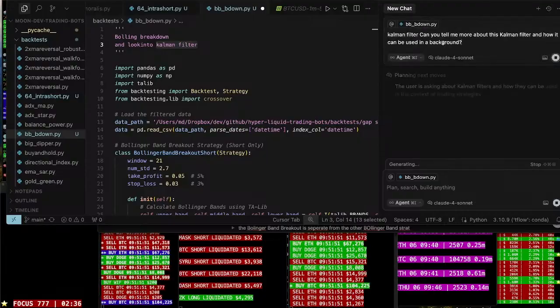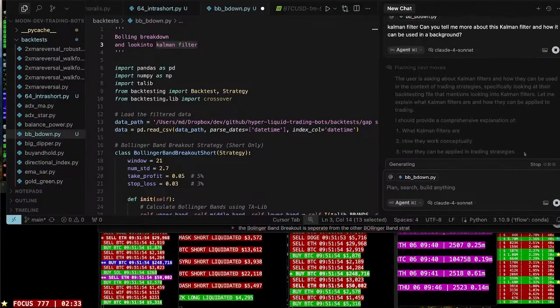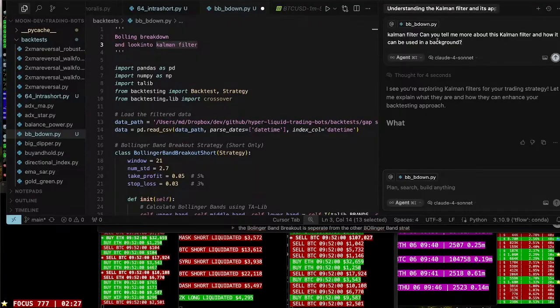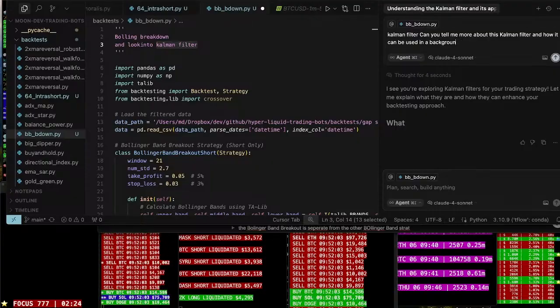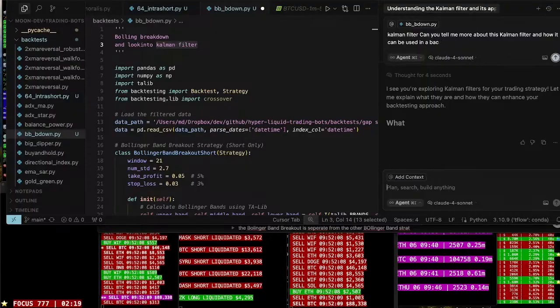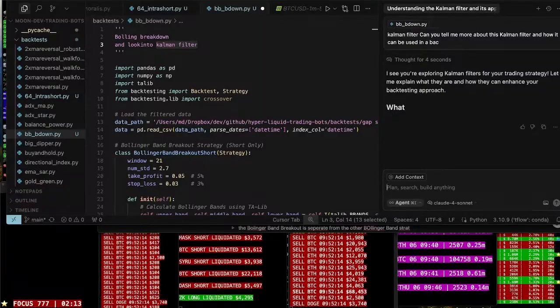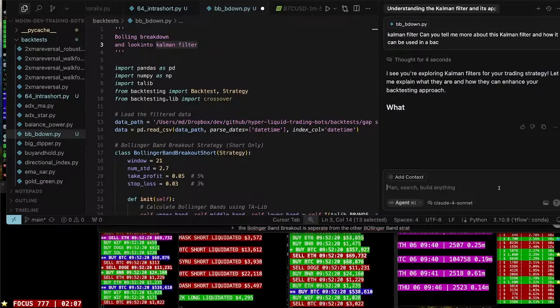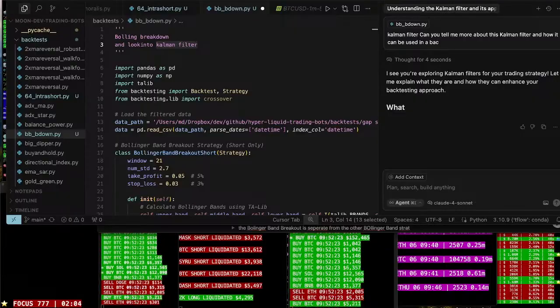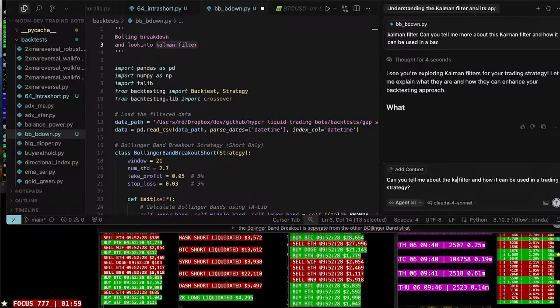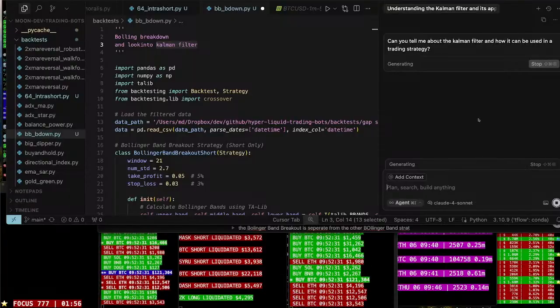In a strategy. Can you tell me about the Kalman filter and how it can be used in a trading strategy? Okay, there we go. So let's learn a little bit about this.